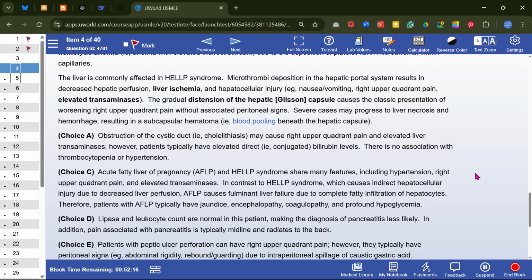Therefore, patients typically have jaundice, encephalopathy, coagulopathy, and profound hypoglycemia.